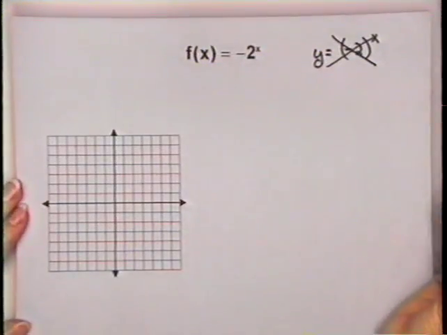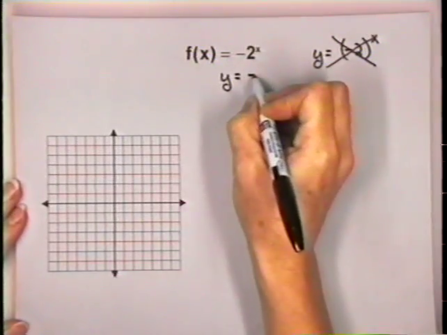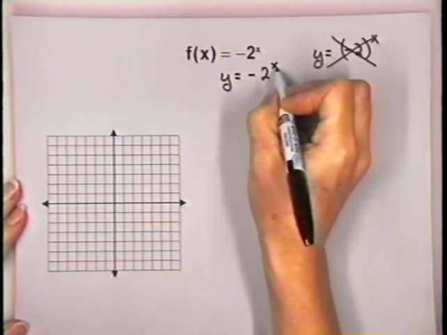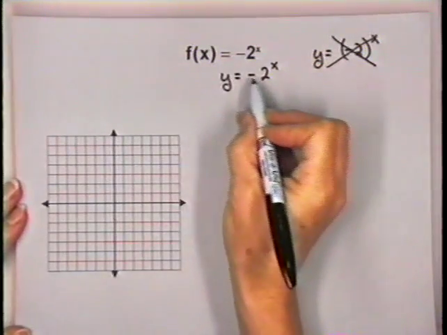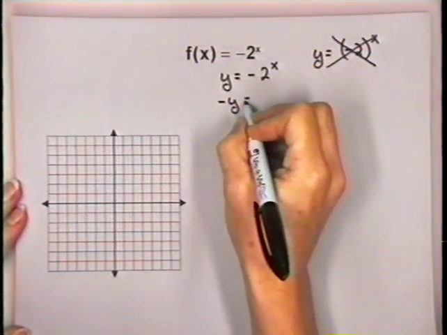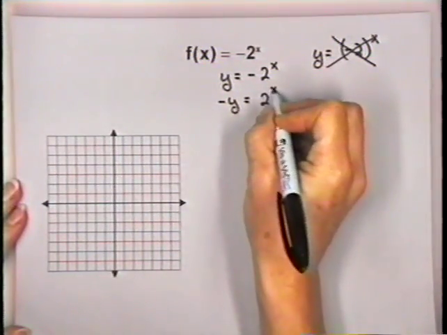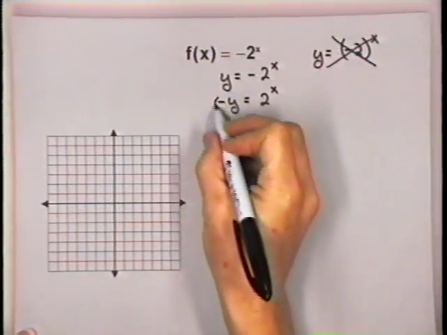Now, let me rewrite this as a y value instead of using that f of x notation. Notice that if I multiply both sides of this equation by -1, I can rewrite this as -y equals 2 to the x power. Now look at this.